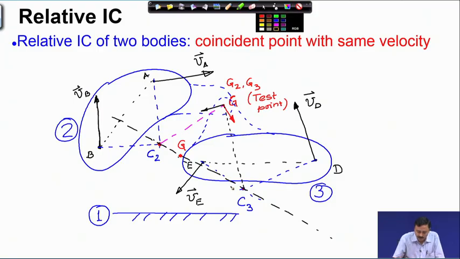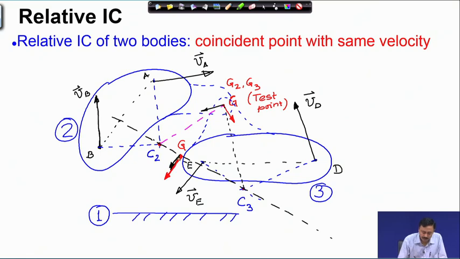The velocity of point G3 must be this, and the velocity of point G2 must be perpendicular to C2 G2, which is something like this, and the velocity of point G3 must be perpendicular to C3 G3, which must be like this.